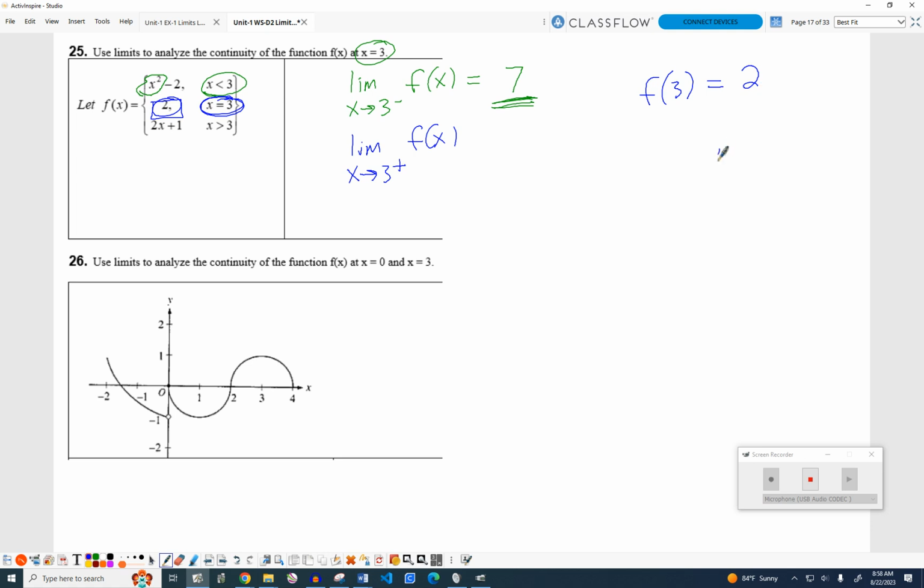If we made a big table for this function, when the x value was exactly 3, we would know the y value is exactly 2. When we're finding the limit, we ignore that. Finding the limit, we ignore that completely. We focus on what's happening here, and what's happening here.